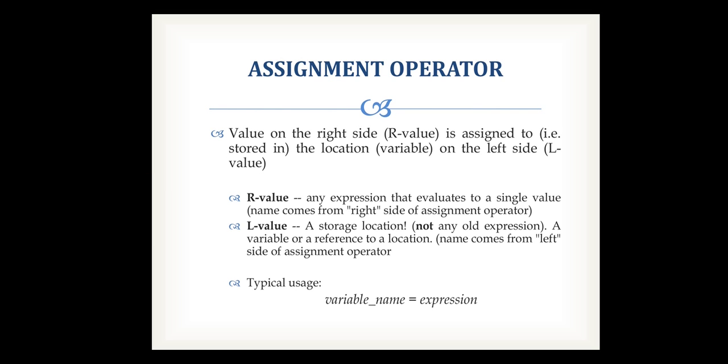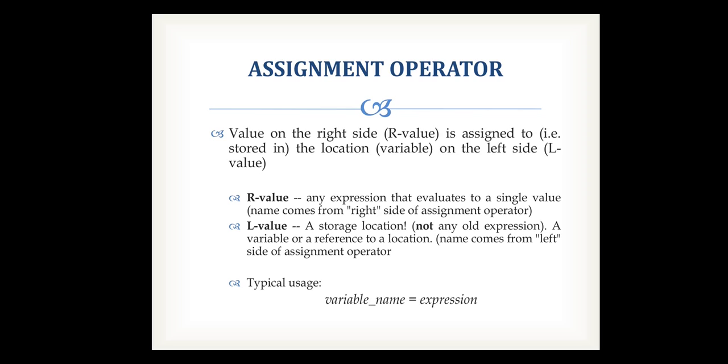Next is assignment operator. The value on the right side, the R value, is assigned to and stored in the location, the variable on the left side, that is called the L value. R value is any expression that evaluates to a single value; the name comes from the right side of an assignment operator.